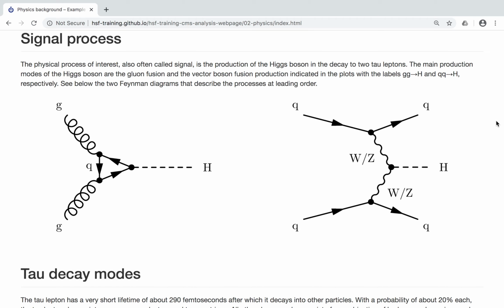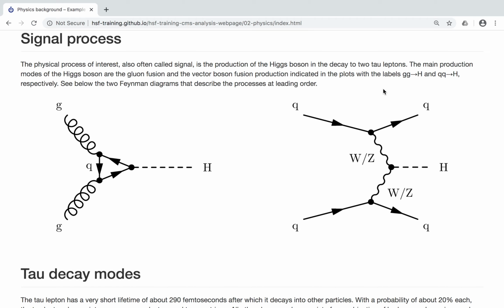So we call the left plot GG to H, and the right plot QQ to H, because the left plot is taking gluons, making an H, and the right plot is taking quarks from your proton and making a Higgs boson. And these two processes are going to be simulated separately before combining them with all the other relevant processes.